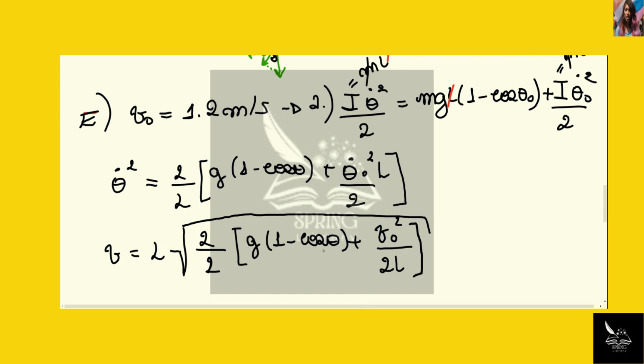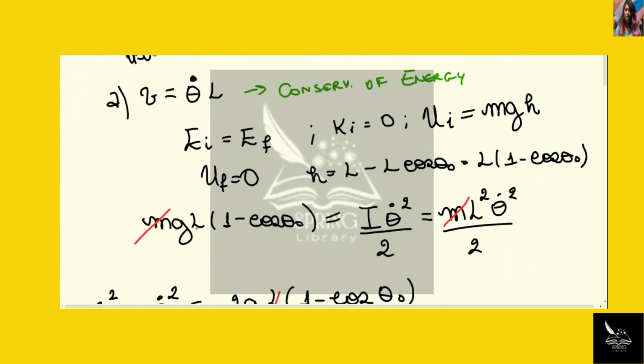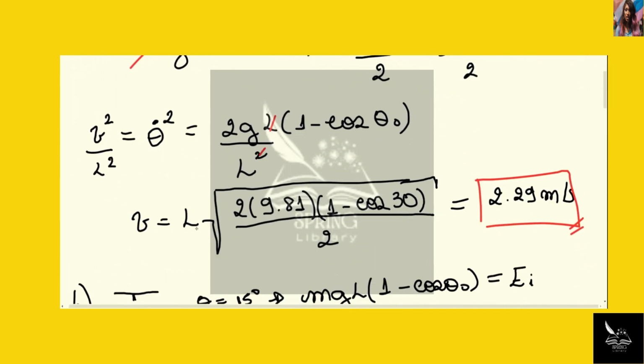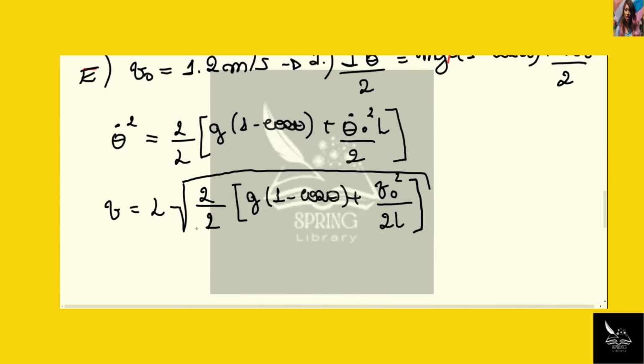So you can notice that the only difference between this expression and the expression from questions A and B is that we are adding this term, V0 squared divided by 2L, inside our square root.